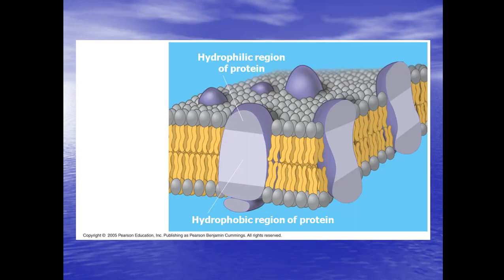And now, in between that you can see different types of integral proteins. These are the integral proteins. So that's why when you look at it from the top, it looks like a mosaic pattern.